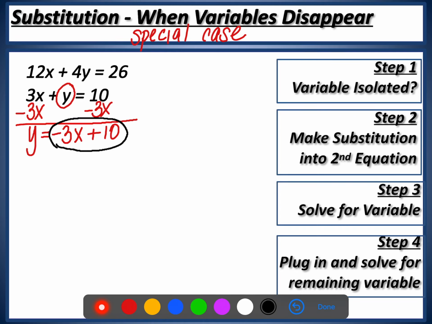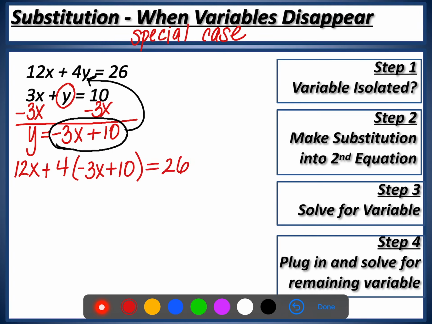So I can now substitute in, okay, to the other equation for y. So I'm going to totally replace the y with that expression. Okay.